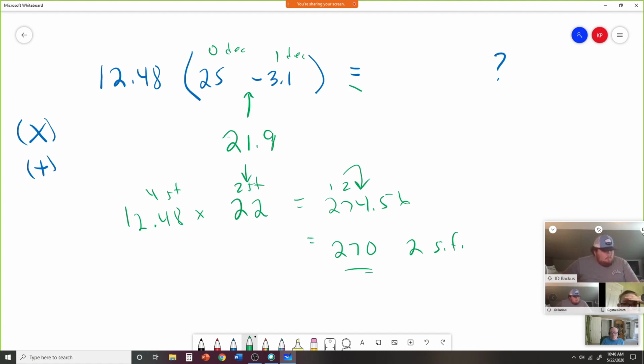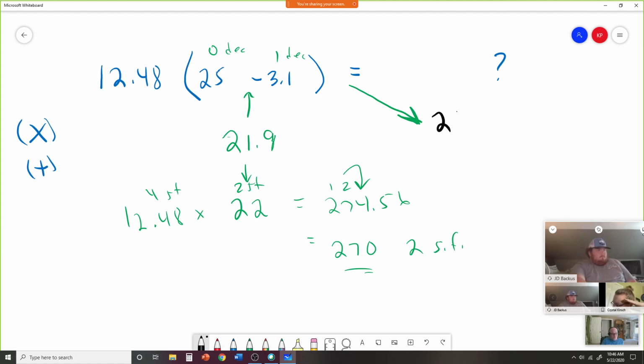Now, an alternative way of doing this, and this is the way I prefer, is you don't do anything to the end and you put everything in: 12.48 times parentheses 25 minus 3.1 close parentheses, and I get a slightly different answer. Let me change colors here.